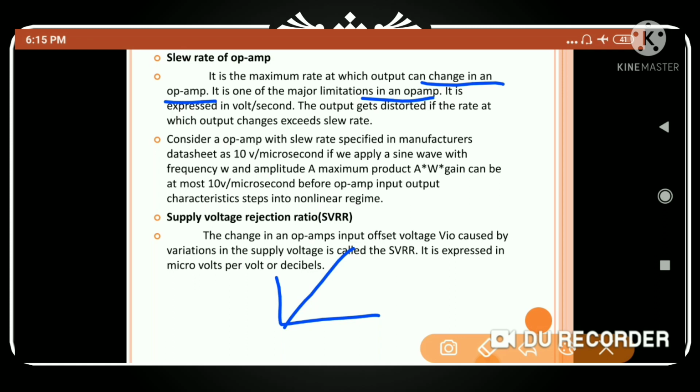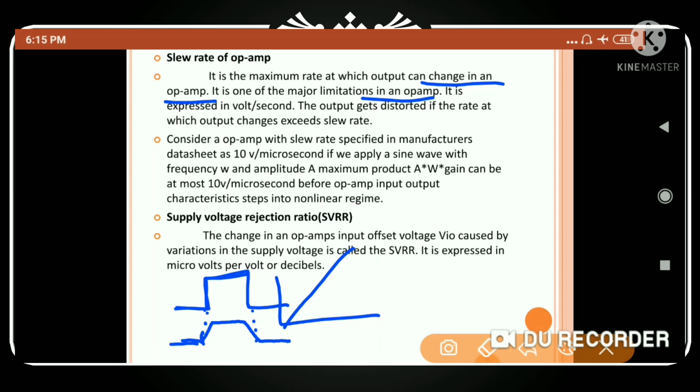The output gets distorted if the rate at which the output changes exceeds the slew rate. If you give an input like this, then the output is like this, which means this much is lost.